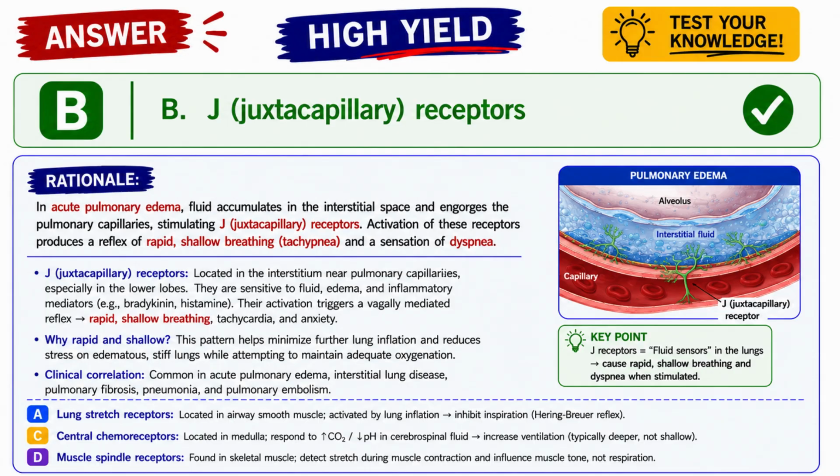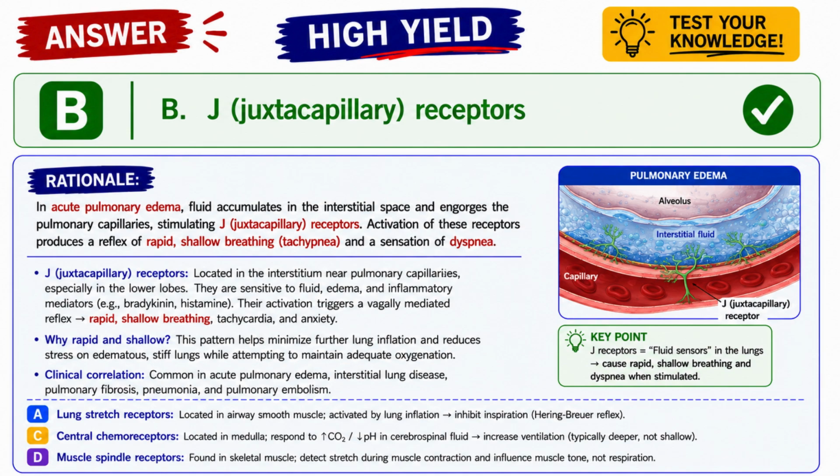In acute pulmonary edema, pulmonary capillary pressure rises, fluid leaks into the interstitium, and eventually into the alveoli. This engorgement and edema directly stimulates J receptors. Their activation produces rapid, shallow breathing, hypopnea at high frequency, reflex bronchoconstriction, and a sensation of breathlessness or air hunger.